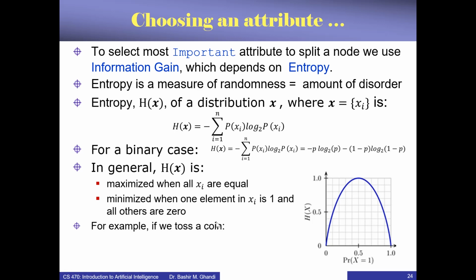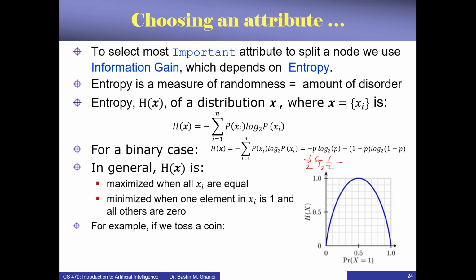Just to try the formula for the entropy, in that case the probability of head is 1 out of 2. So we just say 1 over 2 times log of 1 over 2. Remember the log is to base 2, minus the probability of tail.